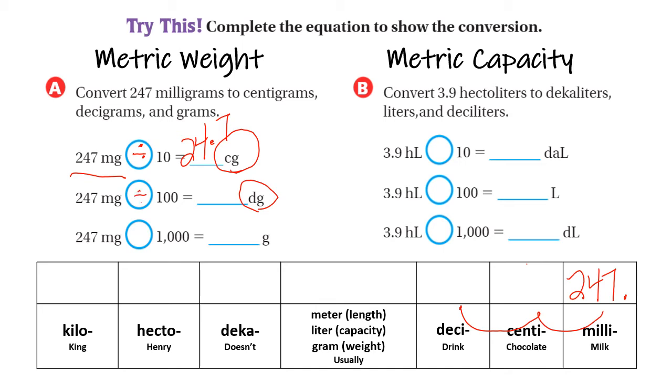We're still dividing because we're still going fly to horse. We're still going from a smaller unit to a larger unit. Fly to horse, divide, of course. When we divide, we go to the left. Donkeys love. But this time we're going to move our decimal 2 places. So we move it once, gives us 24.7. Move it one more time, and we end up with 2.47 decigrams.